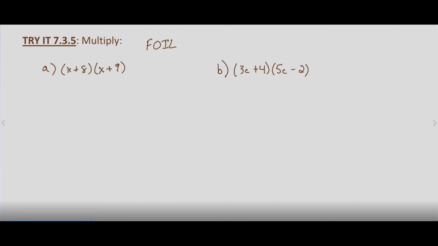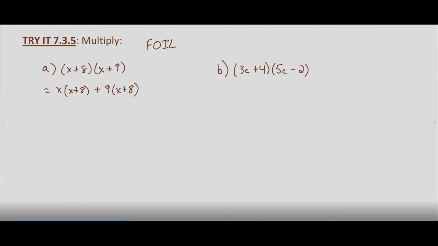This first one, I'll show you how they showed you in the previous example in the lesson, and distribute the x plus 8. So x plus 8 times x, so x times x plus 8. It's a plus in between the x and the 9. So plus 9 times x plus 8.